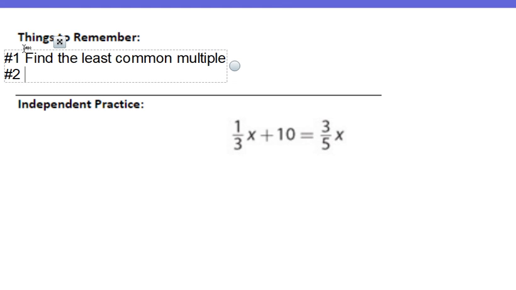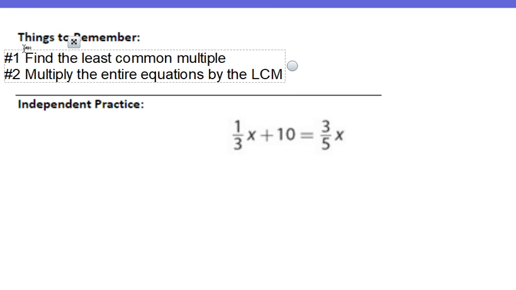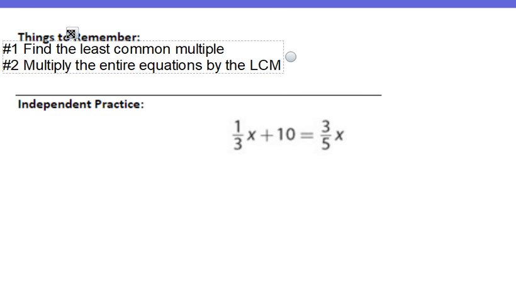And then step 2, multiply the entire equation by the LCM. And then step 3, reduce and solve like 7.1. All right, there you go.